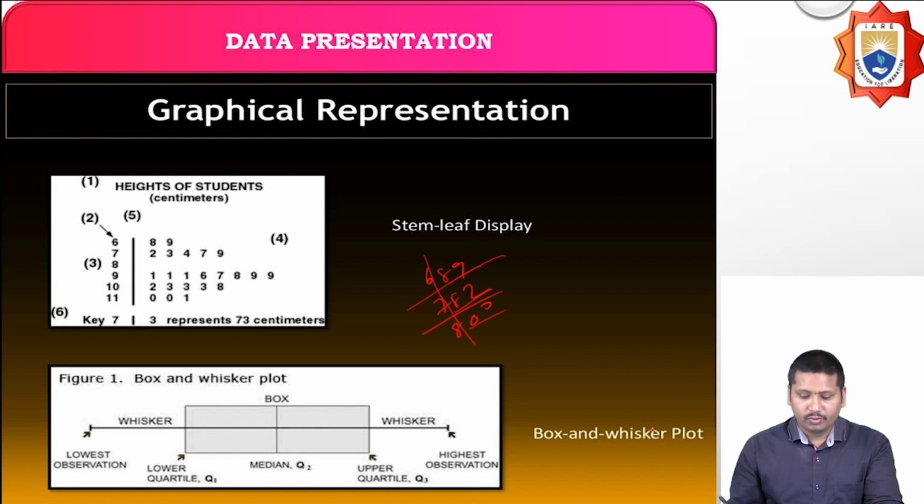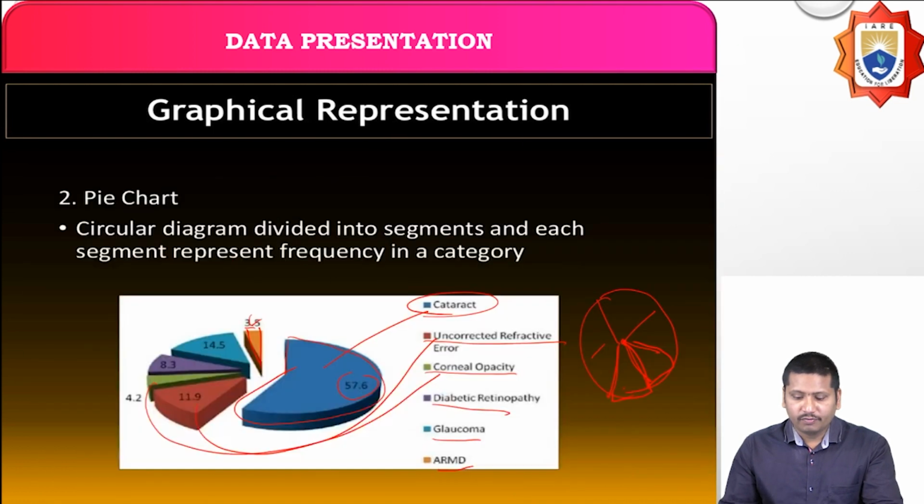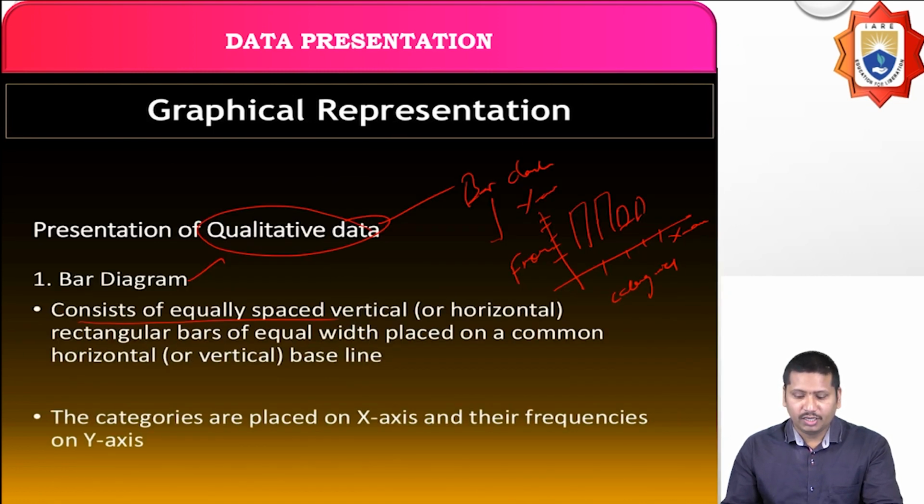And the box and whisker plot is another kind of diagram that can represent quantitative data. So these are some of the different ways of visualization.